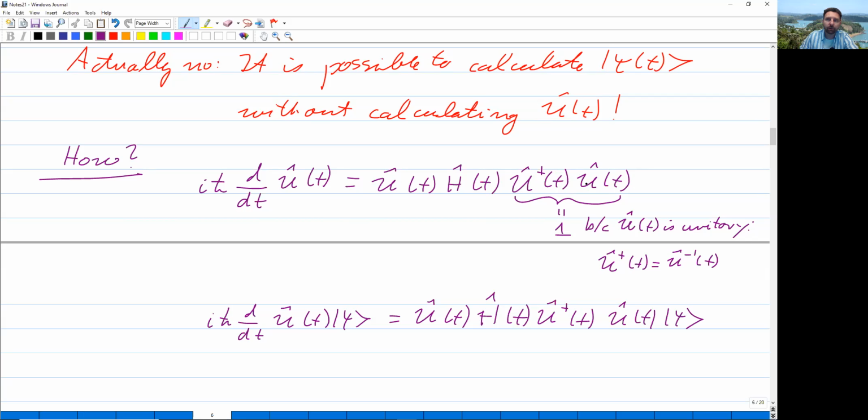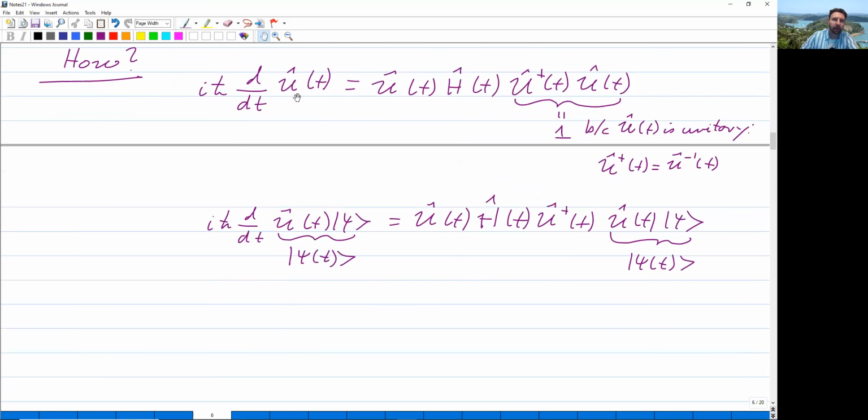That's because now we have a u hat of t on the right. That u hat of t is acting on psi. Same here, u hat of t acting on psi. And that's the thing that we gave a new name here. This thing we called psi of t, right? So this is psi of t. So therefore, we now arrive at the equation that i h bar d by dt psi of t obeys, I mean the psi of t obeys a certain differential equation, namely this one.